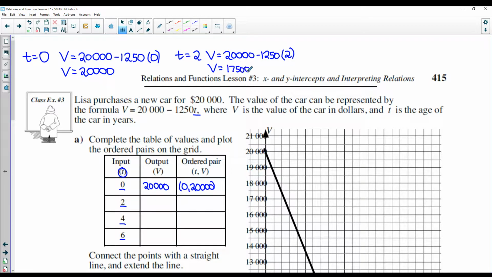You can also plug that into your calculator if you want. So you got 17,500. Okay, so then we got 2, and then 17,500. Let's close that off.